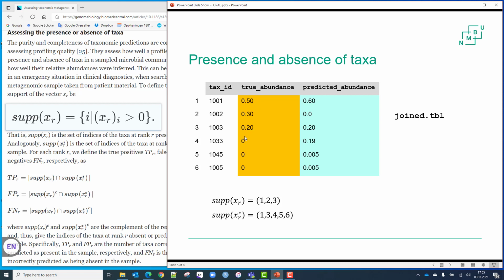So that's why the support of this one is 1, 2, 3, because it's the first 3 elements that are larger than 0. And we see the support for the predicted vector over here is 1, 3, 4, 5, 6, not 2, because 2 is 0 here, right? So this is the support of these 2 vectors.